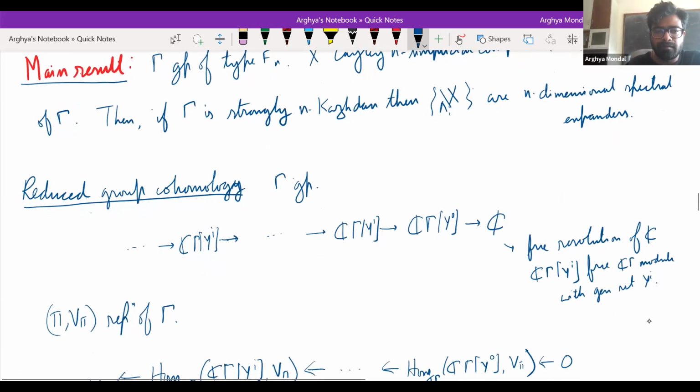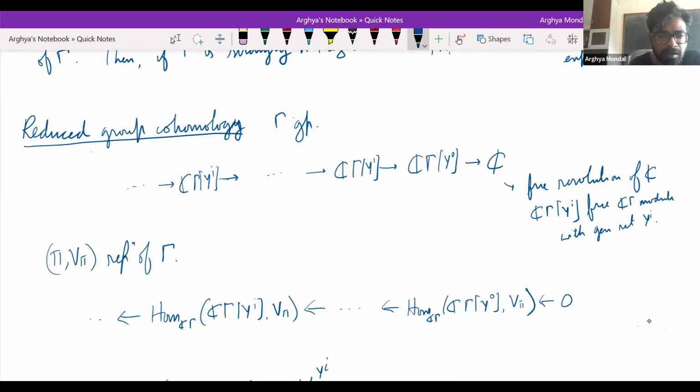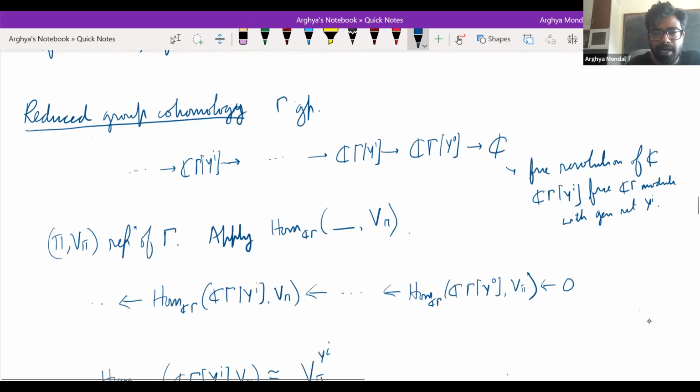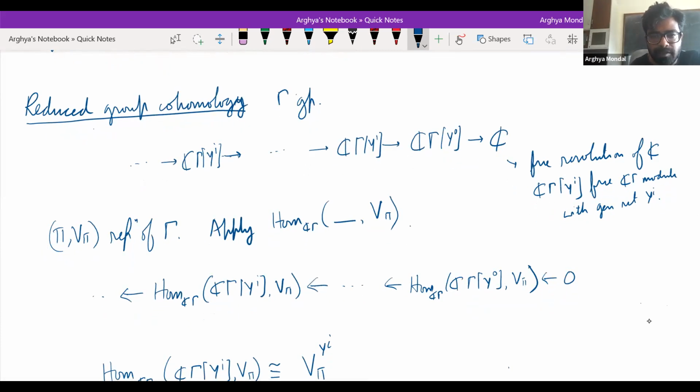Right, and so now if you are given a representation of gamma, you should apply Hom over C gamma of dash comma V pi. So V pi is the Hilbert space on which the representation is acting. You do that and you get a quotient complex for the group homology.